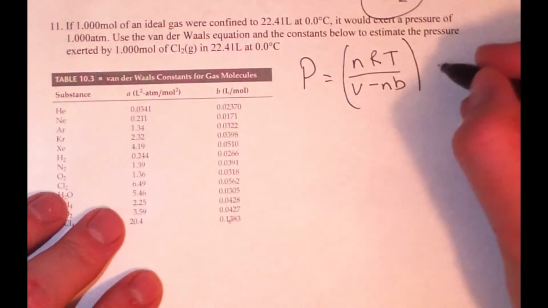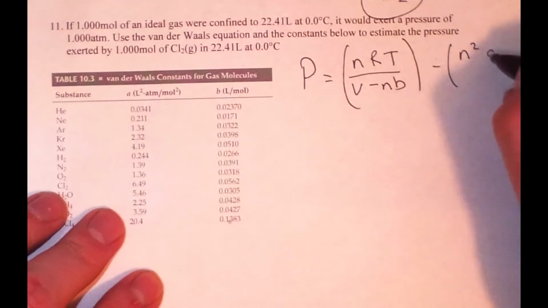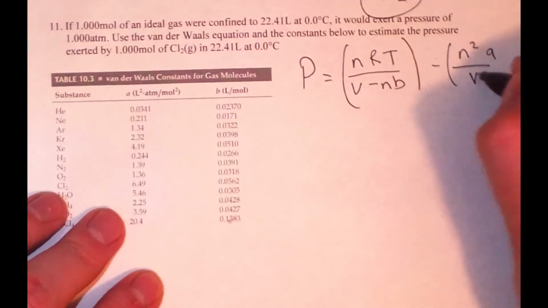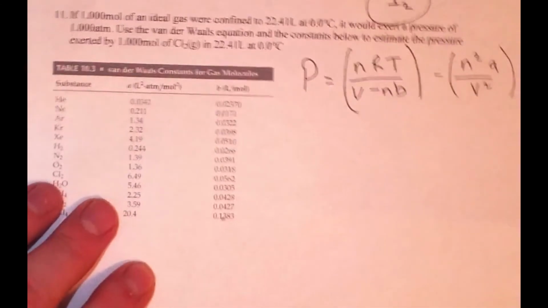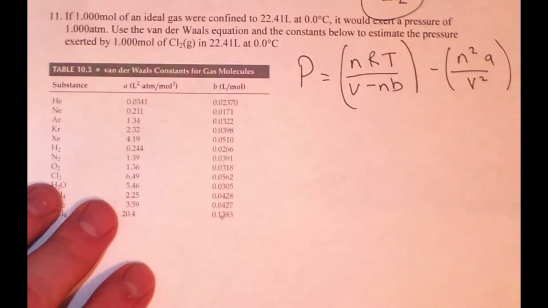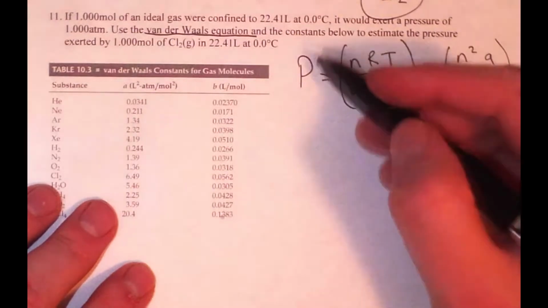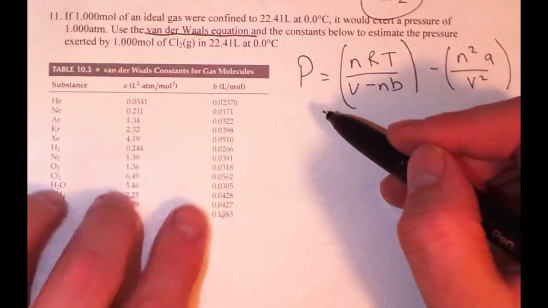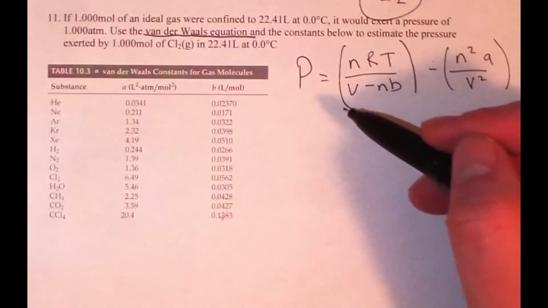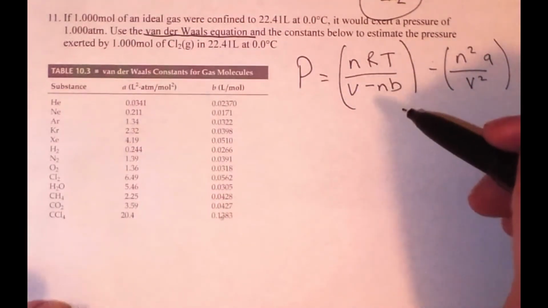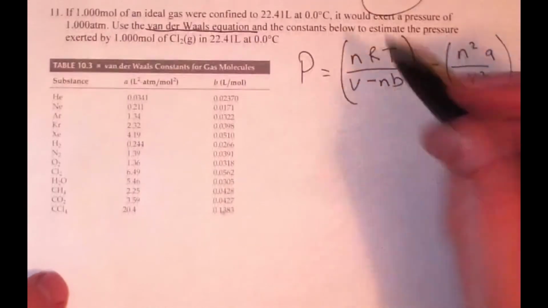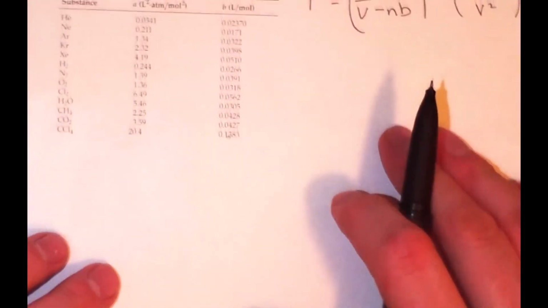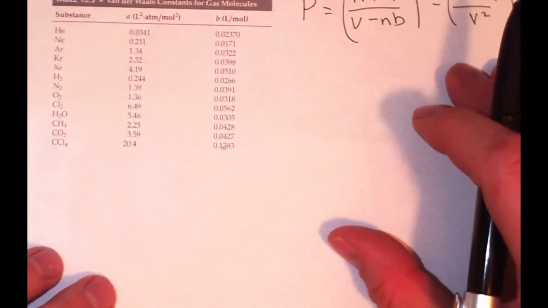Again, this might be a good one to write down. It's also in your textbook, is where you probably would see it. It is a version of the van der Waals equation. So it just says the pressure is equal to these values, and we're going to of course use this table from your textbook for your values of a and b. So we got a little bit of play to go here.